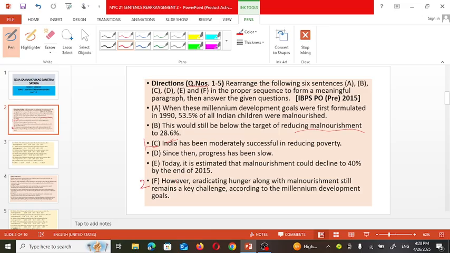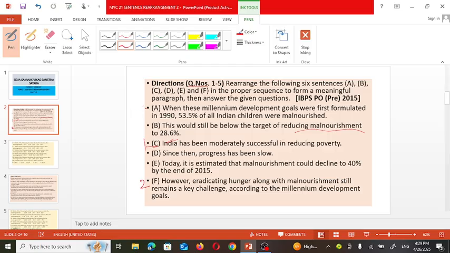Now, if we observe the other sentences, after this millennium goal, statement A can be the third one. When these Millennium Development Goals were first formulated in 1990, 53.5% of all Indian children were malnourished.